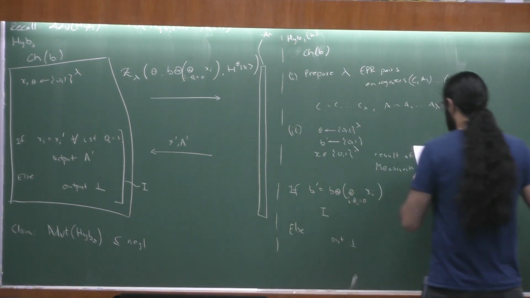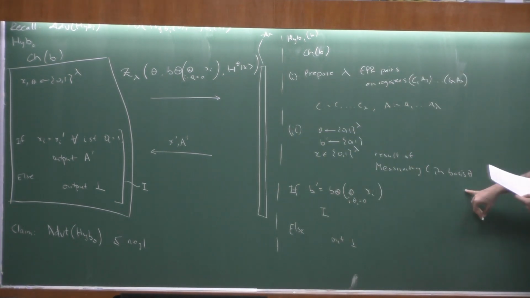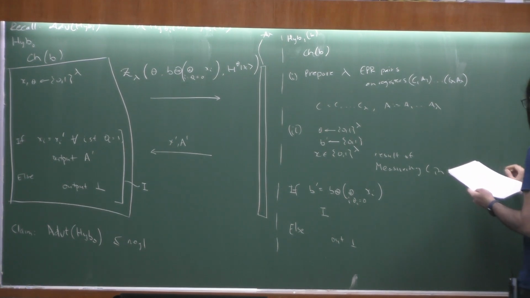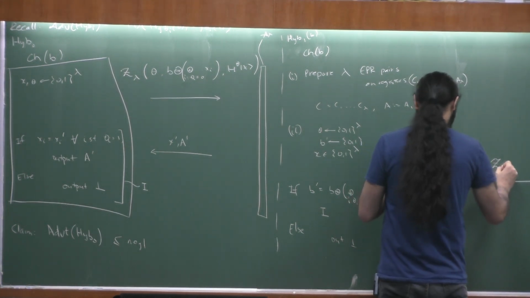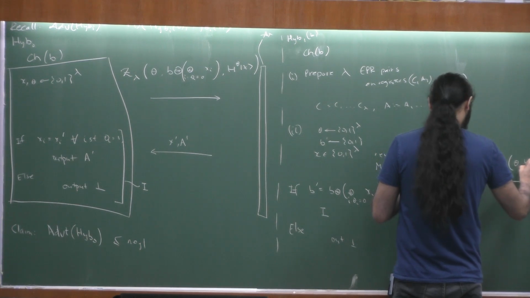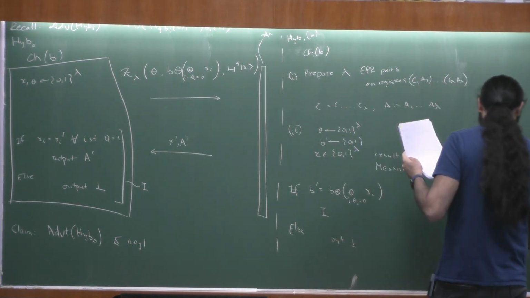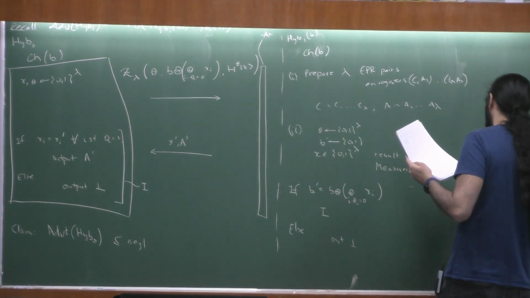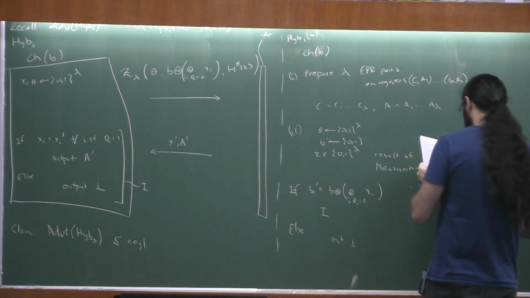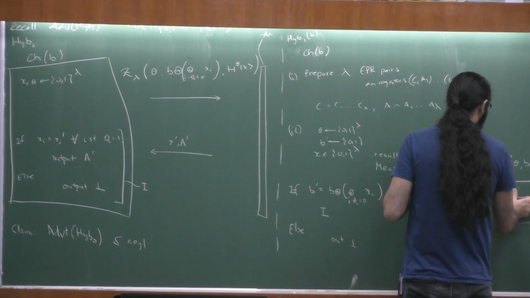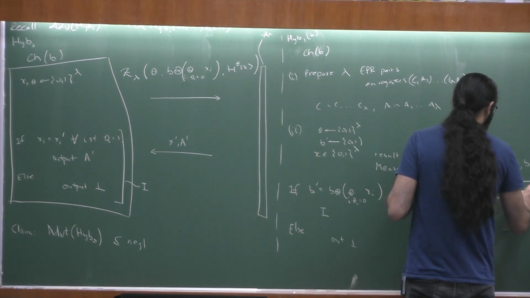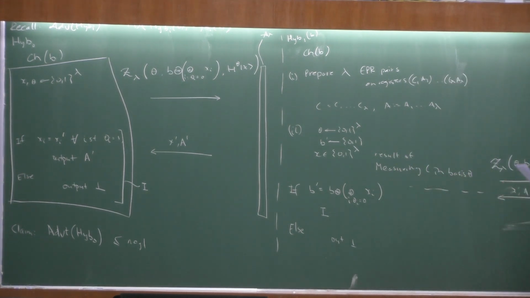At this step, once you know x, you apply Z lambda theta b prime a, and you get a response at this point. You get a response which is x prime a prime. And this was a lambda.